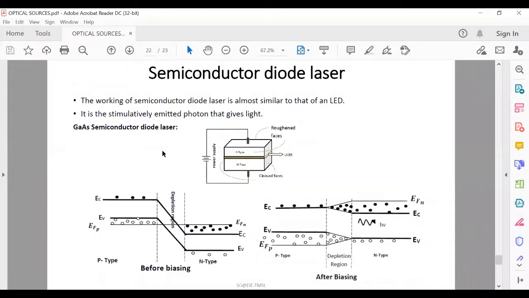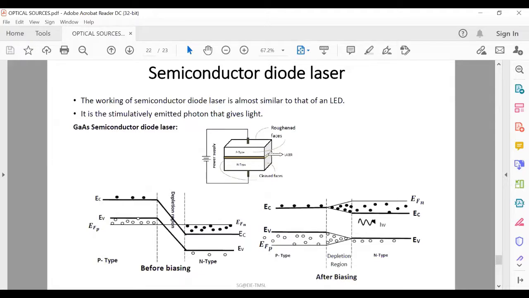So here two faces are parallel to the junction, which are provided with metallic contacts to provide proper biasing.